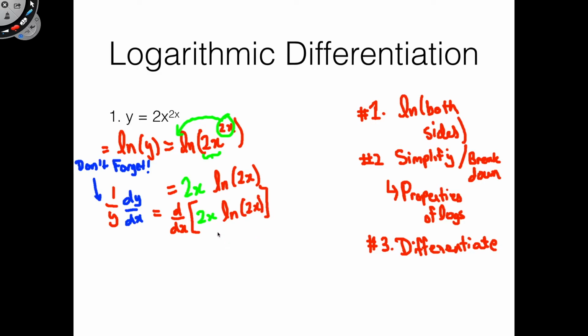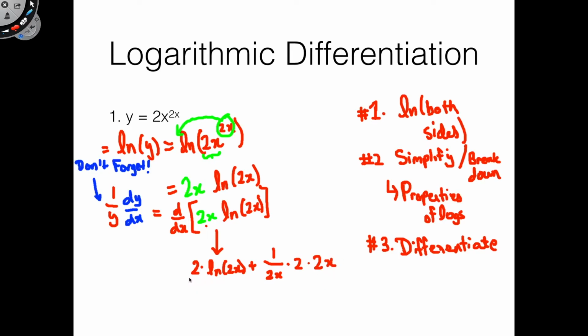So you'd have a product rule over there. Let's break that down. This would be the derivative of that, which is 2, times ln of 2x, plus the derivative of ln of 2x, which is going to be 1 over 2x times 2 times the 2x.